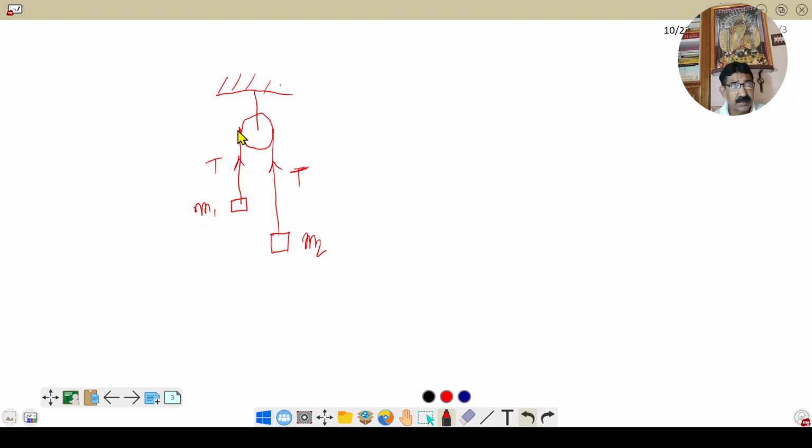Now we have to consider only the pulley. With the help of this string, the pulley is connected with the ceiling, and there are two parts of rope here. Actually, this is a single rope that passes over the pulley to connect two bodies.